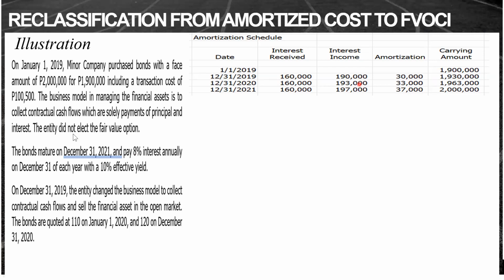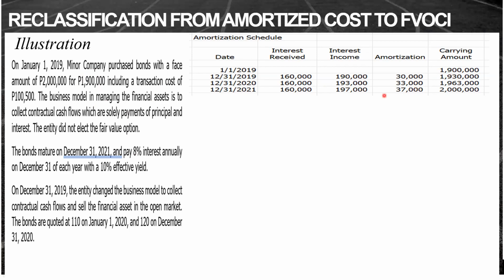So dito meron tayong bond discount because your face amount is 2 million, yet the acquisition cost is only 1.9 million. So meron tayong 100,000 difference, and that is our bond discount, which will be amortized, of course. So using the effective interest method of amortization, so this will be our amortization schedule.